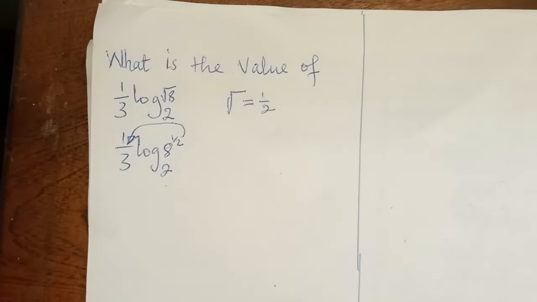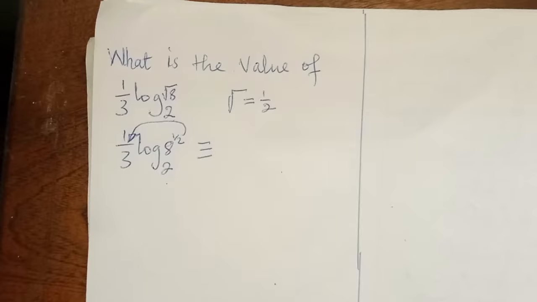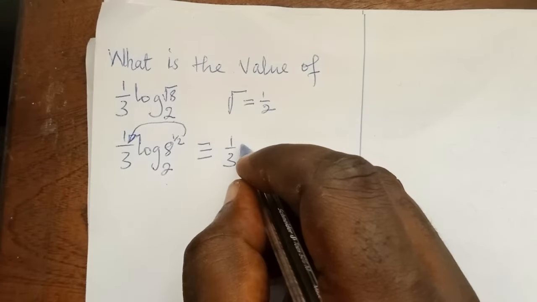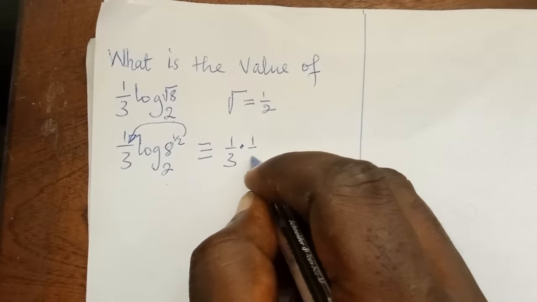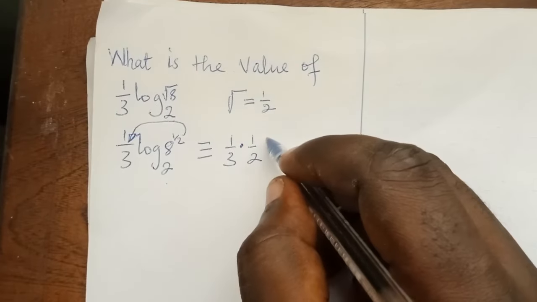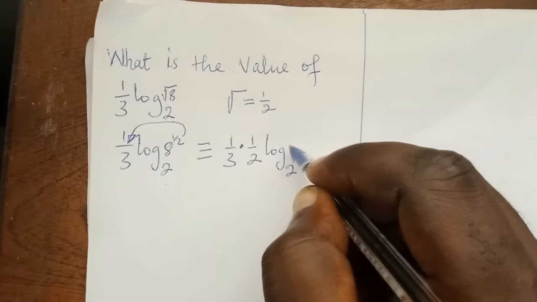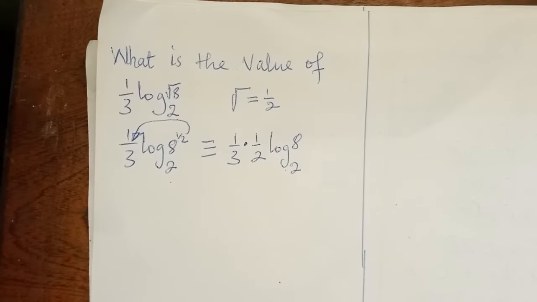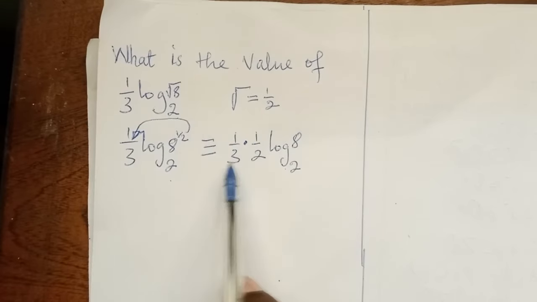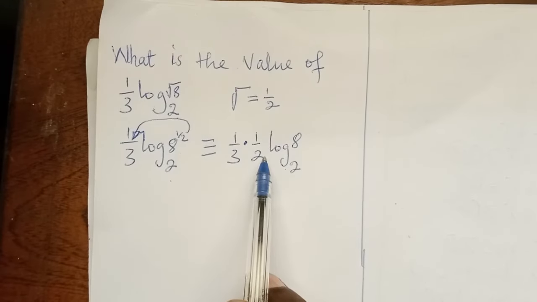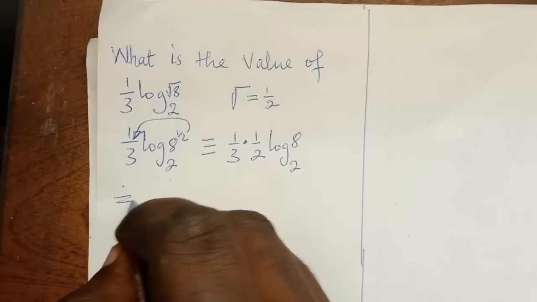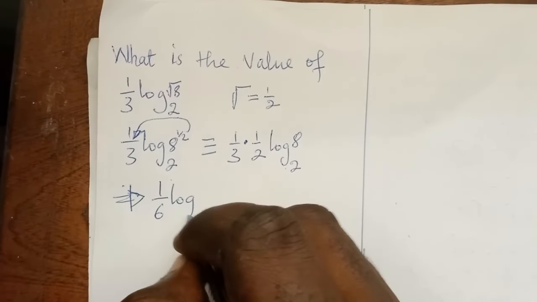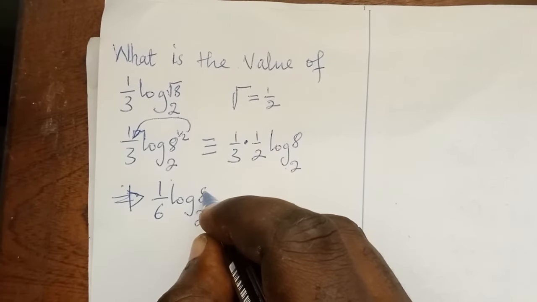In other words, we can still write this as 1/3 times half, then log again to the base of 2, then we just have 8 here. This is the simplest expression. Now 1 times 1 is 1, 3 times 2 is 6, which means 1/6. So this implies that 1/6 log to the base of 2, 8.